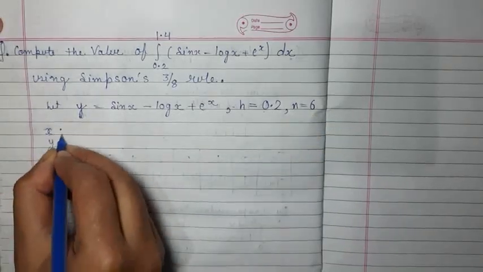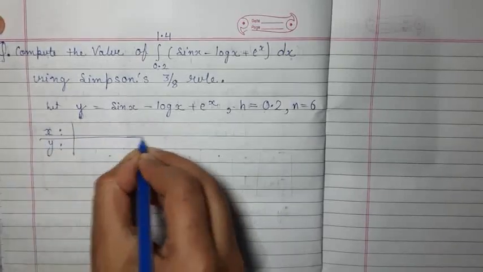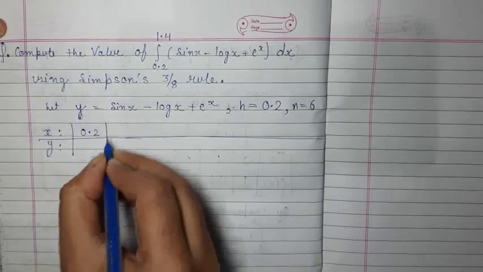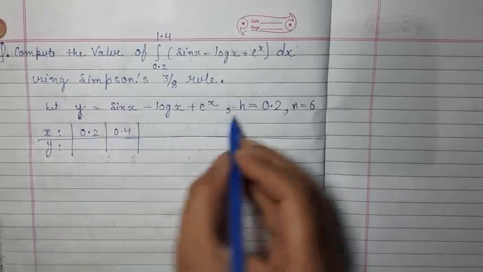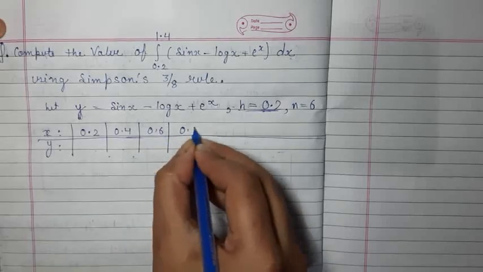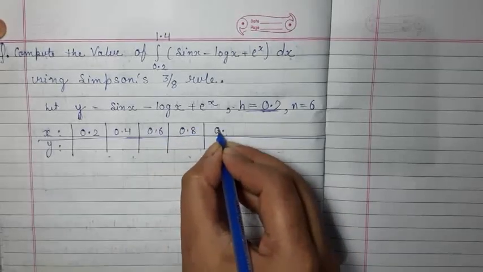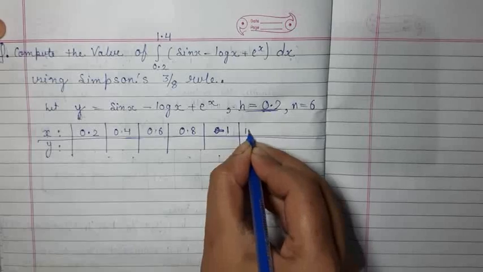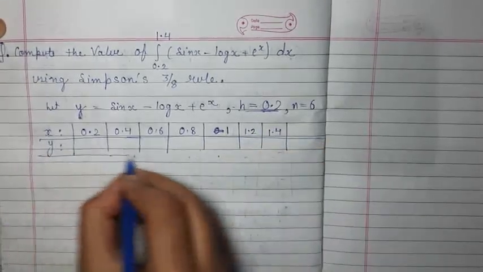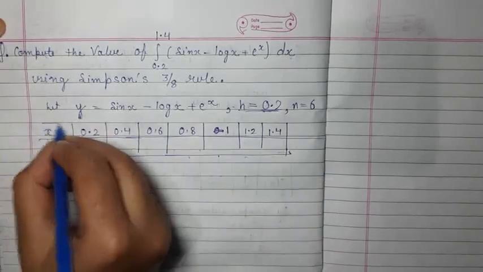Here we'll write x, here we'll write y. The first one is 0.2. Then 0.4, because I am taking the gap of 0.2. Then 0.6, 0.8, 1, 1.2, 1.4, only this much. Till 1.4 we have to go.